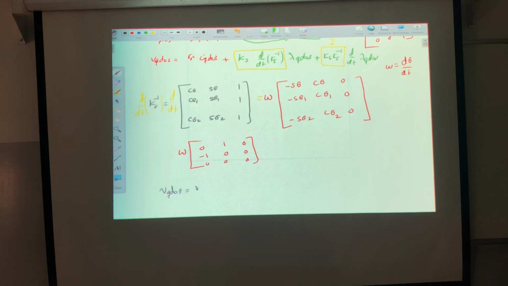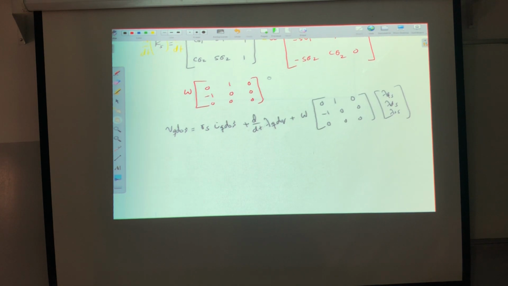You will say that it is R_S I_QD0S plus d by dt of lambda QD0S plus omega multiplied by this matrix, 0 1 0, minus 1 0 0, 0 0 0, multiplied by lambda QS, lambda DS, and lambda 0S.